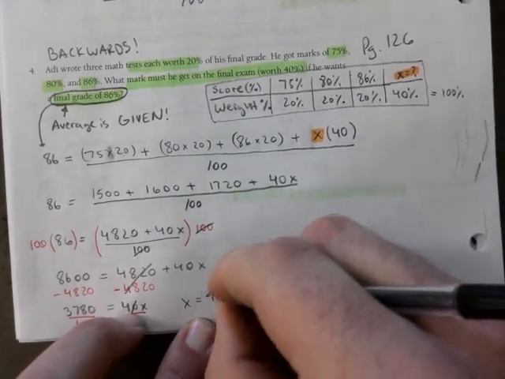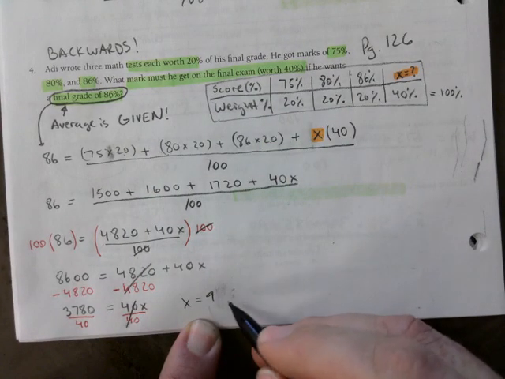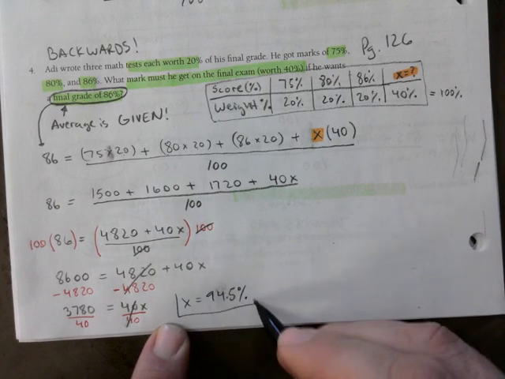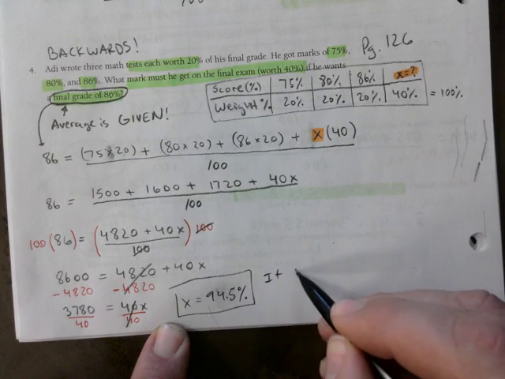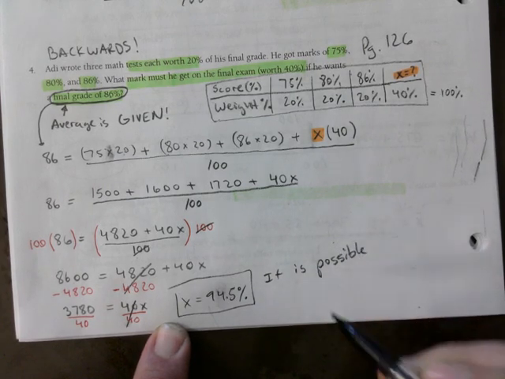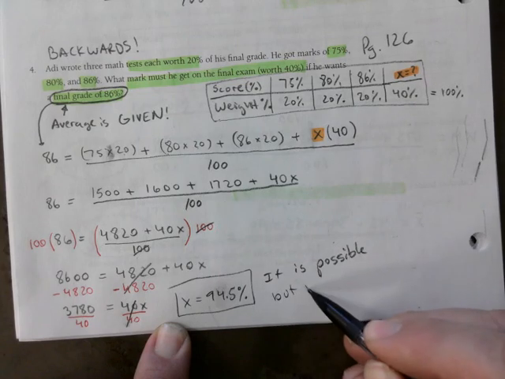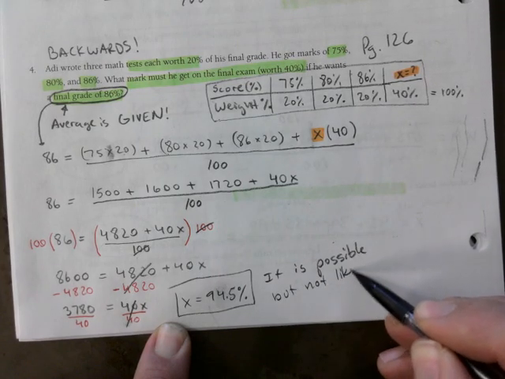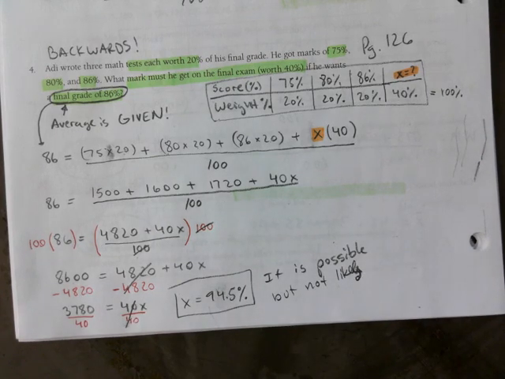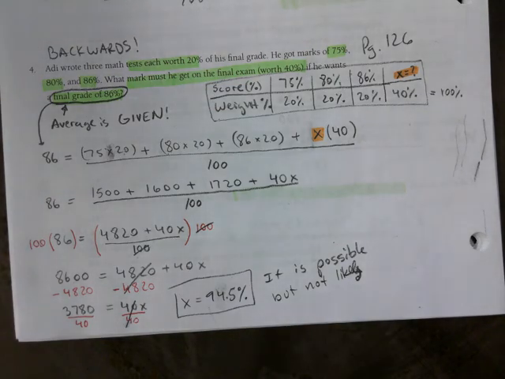Some kind of secret code there, 94.5. 94.5%. Is it possible? It is possible, but not likely. Yeah, like there. Not likely. Is it?